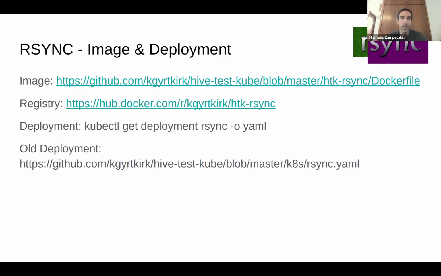We are using the Docker registry, and this is a bit tricky because at the moment we are using Zoltan's Docker Hub account, which means that if we ever need to push things there, we have to contact Zoltan, or alternatively, we have to change the deployment and push it somewhere else, which is okay because we already did it in the past.